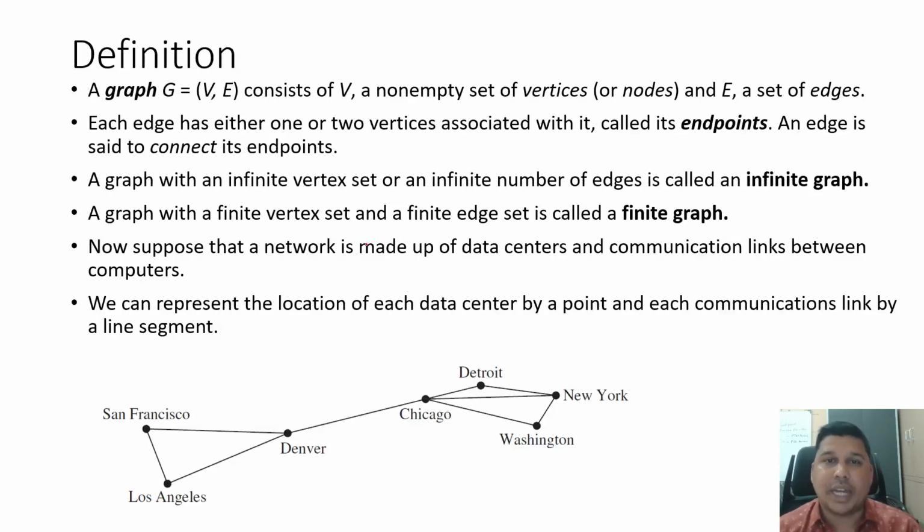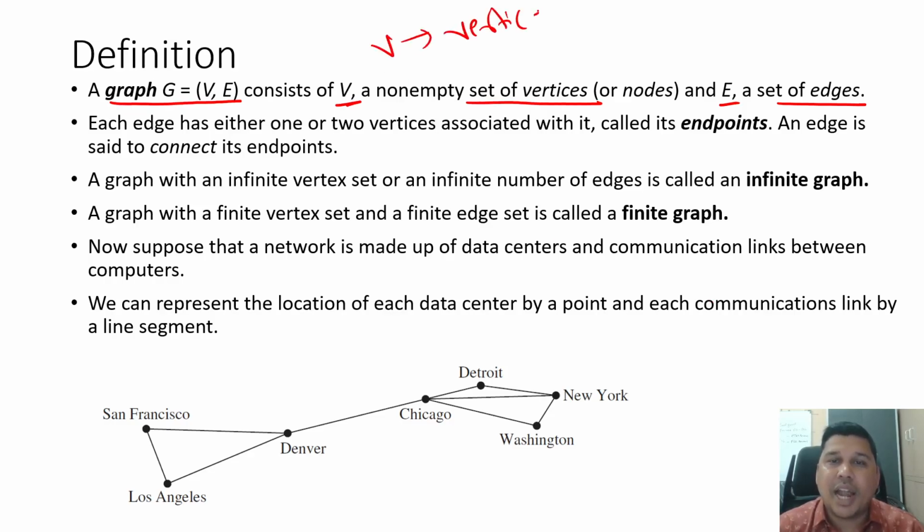So, the definition of a graph. A graph G(V, E) consists of V, a non-empty set of vertices, and E, a set of edges. Here V represents the set of vertices and E represents the set of edges, right?